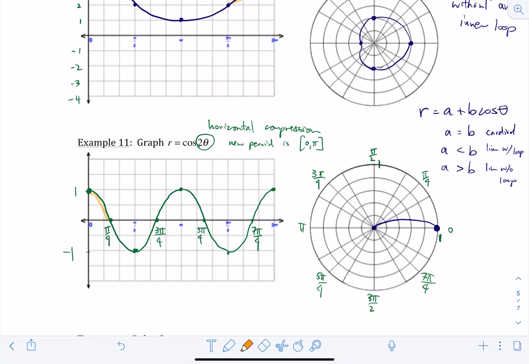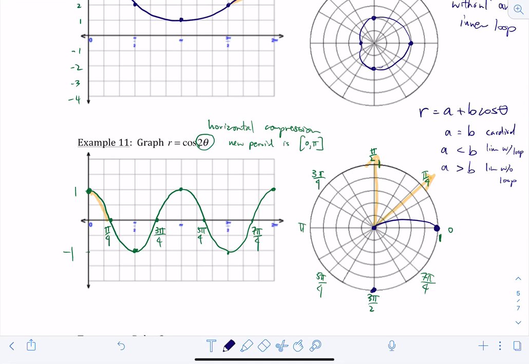For the second leg, do you see how I'm going behind myself? So what that means is I'm facing this pi over 4 direction. And as I go from pi over 4 to pi over 2, I actually go behind myself. And when I'm facing pi over 2, I actually get the point -1. So I'm facing pi over 2, I go behind myself to -1.